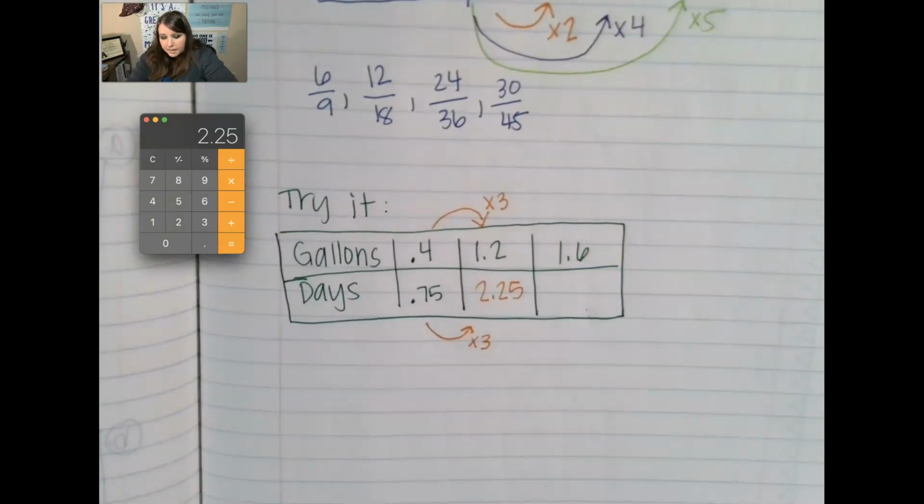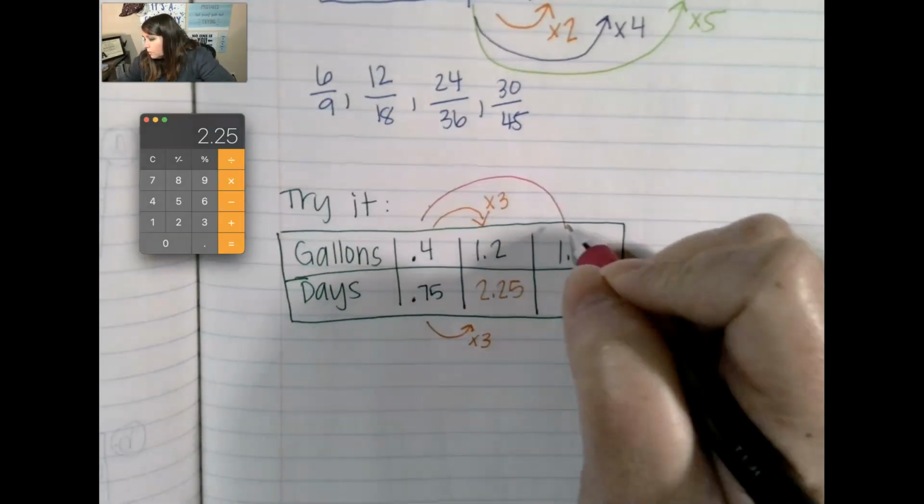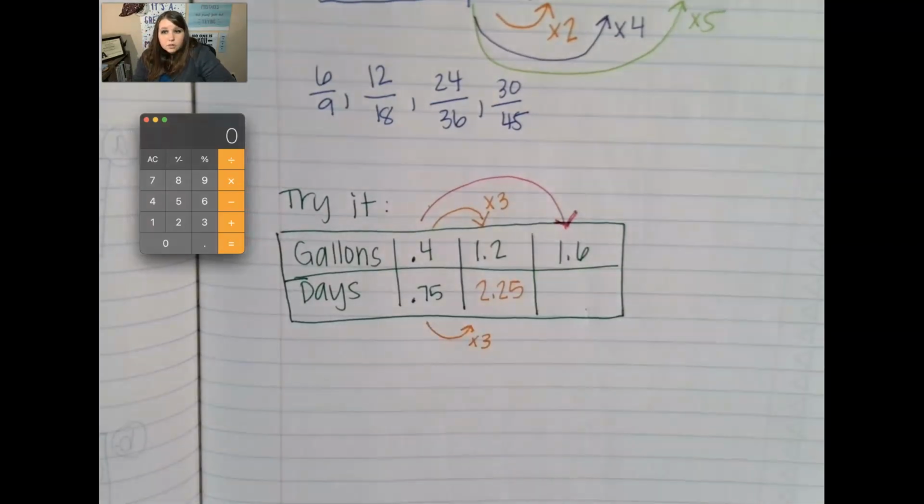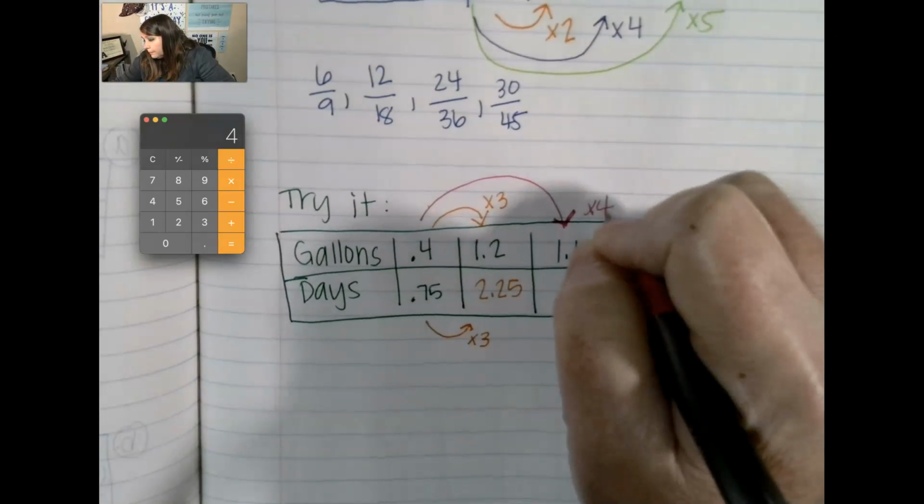Okay, and then my last one is moving from 0.4 to 1.6. So 0.4, we're going to work backwards. 1.6 divided by 0.4, and that gives me times 4.